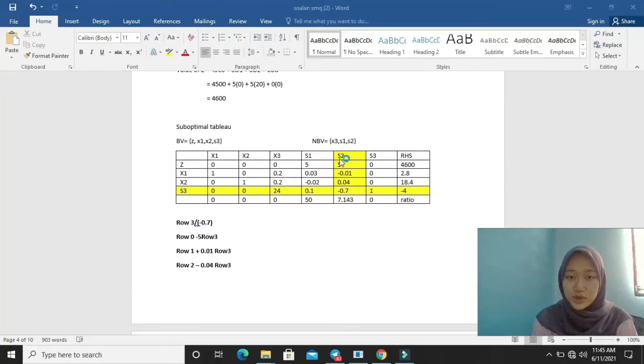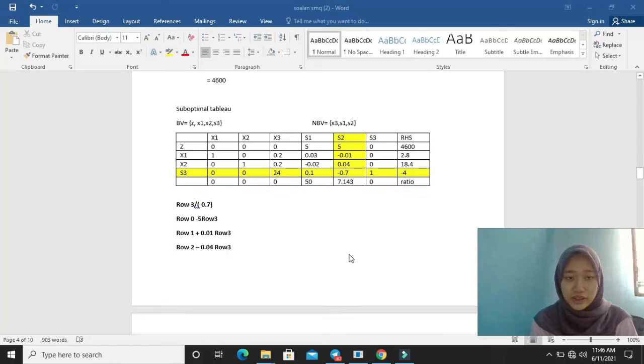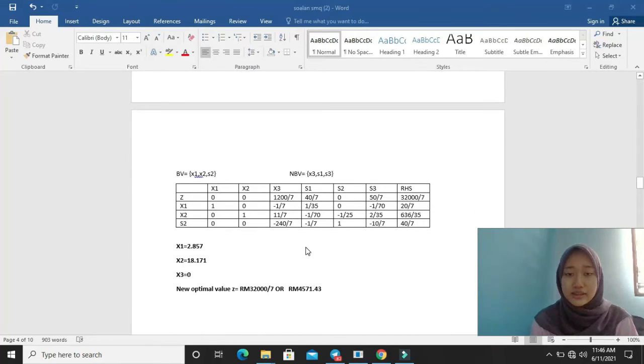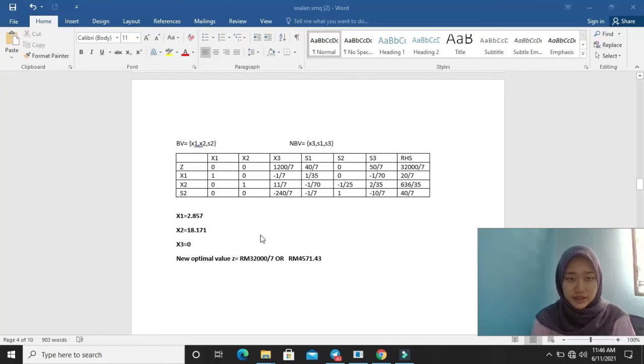So s2 will enter the basic variables, and s3 will leave. To make sure that the table has reached optimality, the condition is that all the right hand side values must be non-negative.